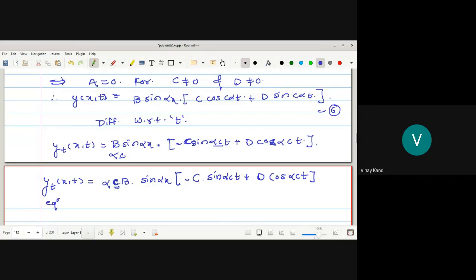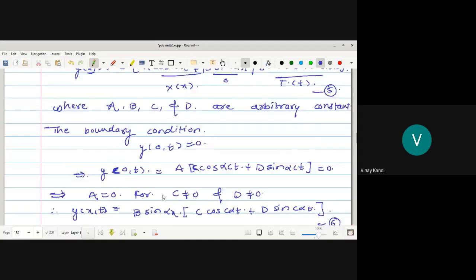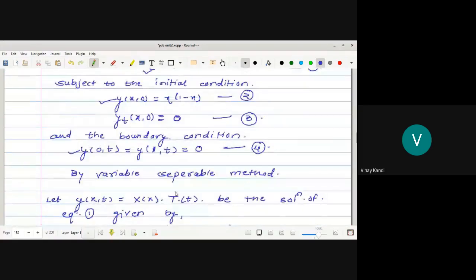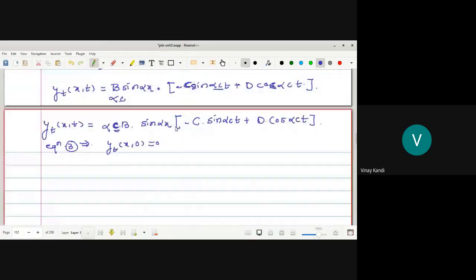Now equation 3 implies, what is equation 3? y_t of x,0 is equal to 0. Look at it. Equation number three, y_t of x,0 is equal to 0. This implies, put the value of t equal to 0 in the above equation.